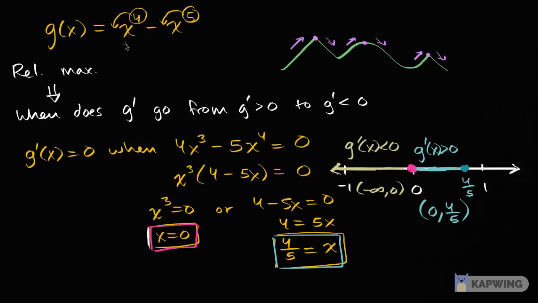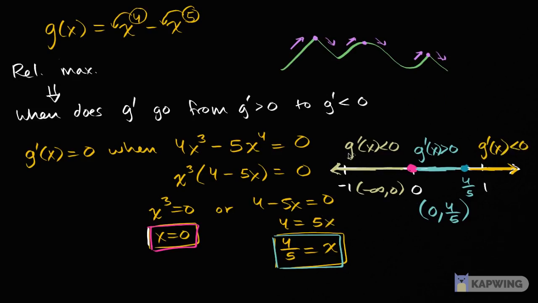The easiest value to try out would just be 1. So let's try out x equals 1. When x equals 1, g prime of 1 is equal to 4 minus 5, which is equal to negative 1. So g prime of x is less than 0.